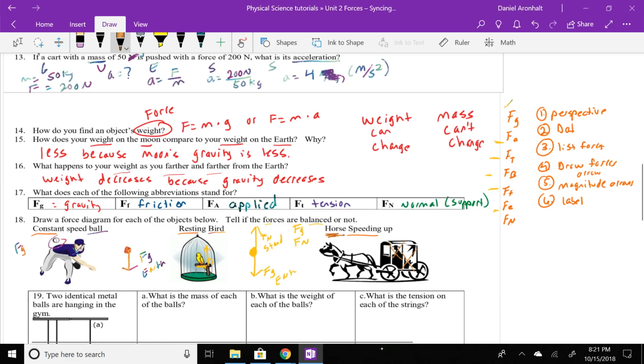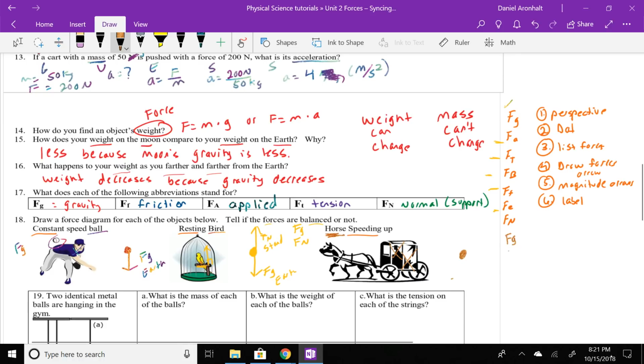So we draw it as a dot and we go through our list. We draw the dot, let's go through our forces. Is there gravity? Yes. Is it floating in the air?